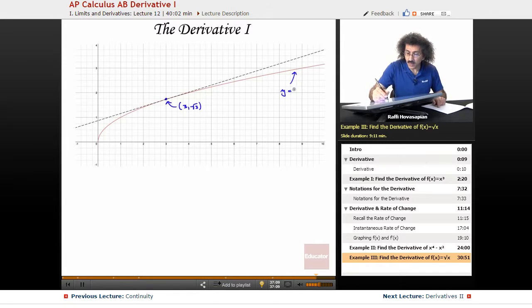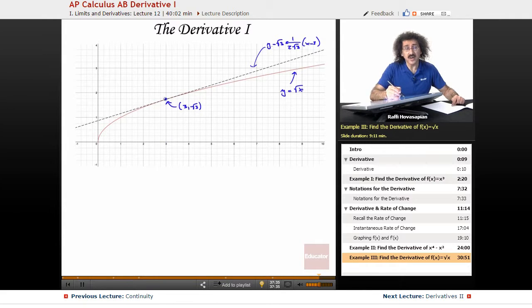This is y equals radical x. The equation of this line, we just found it. This is y minus rad 3 equals 1 over 2 rad 3 times x minus 3. Y minus y1 equals m times x minus x1.